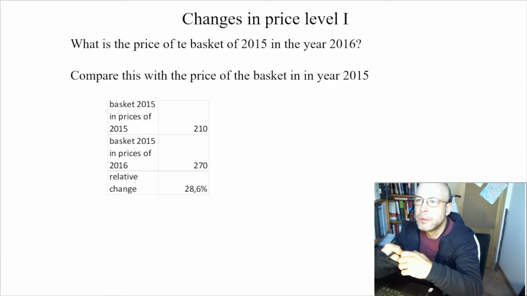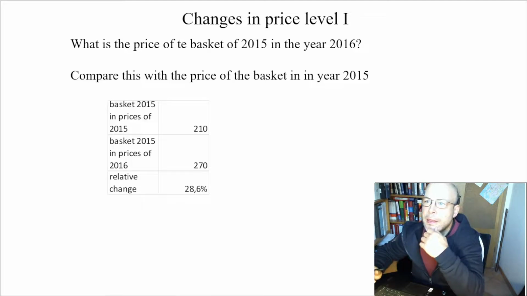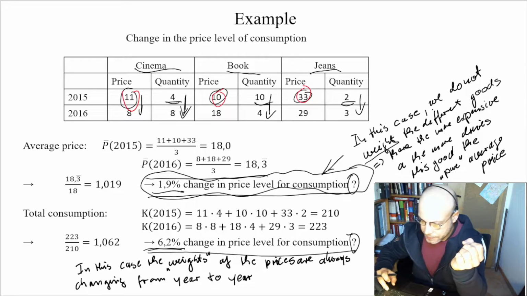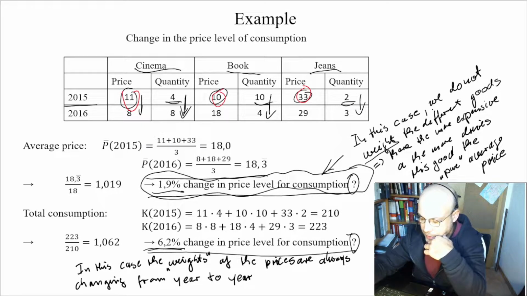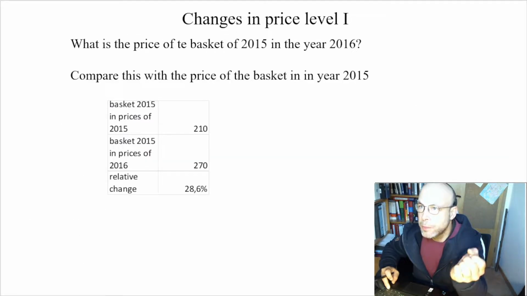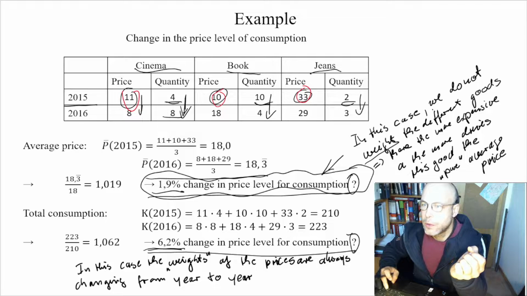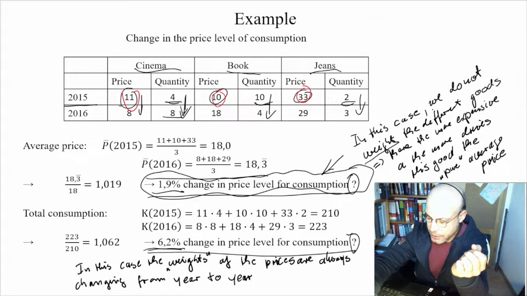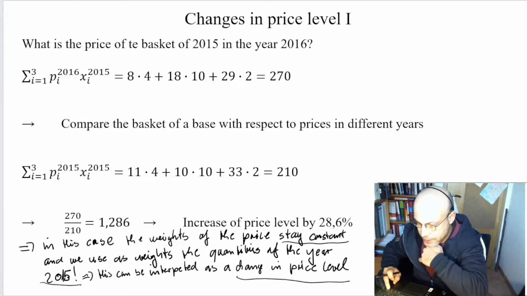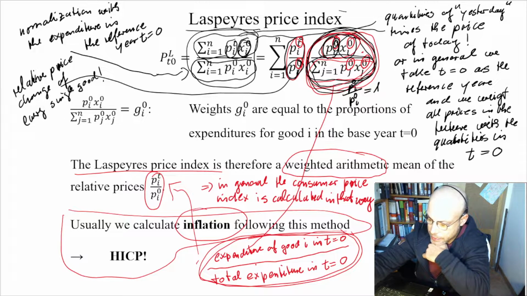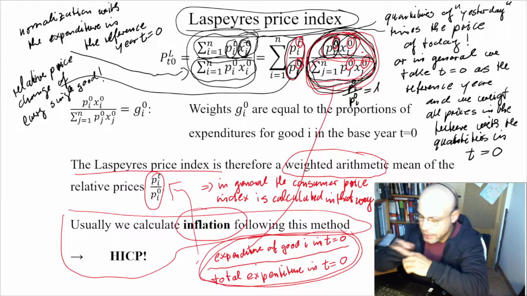The first one would be that we take the quantities of the actual year 2015 and weight them with the prices of the next year, comparing this with our consumption in the actual year 2015. And this price level measure was introduced by Laspeyres.